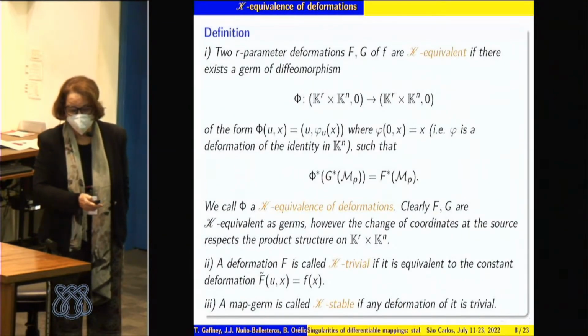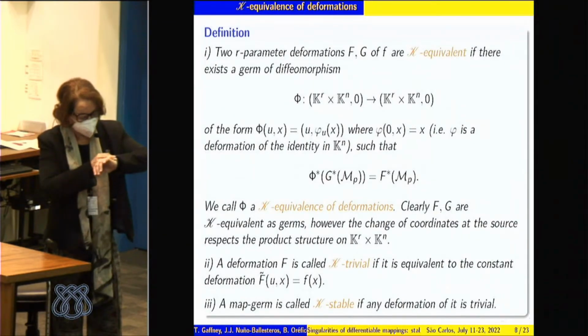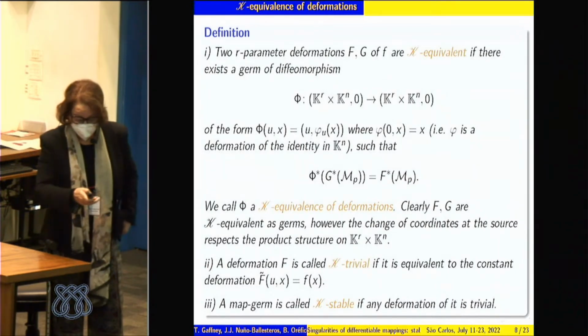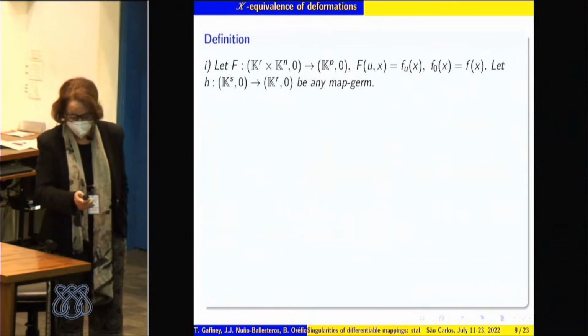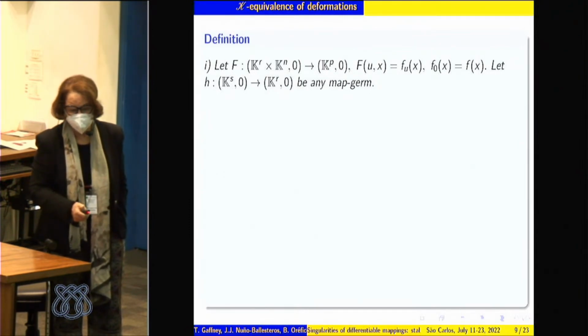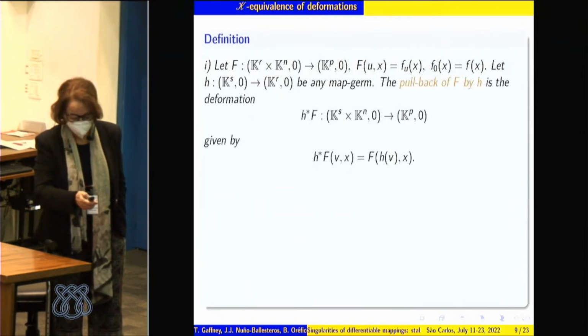so now I have to define the concept of versal. Suppose that F is a deformation of little f. First I will define what is a change of parameter in my unfolding.